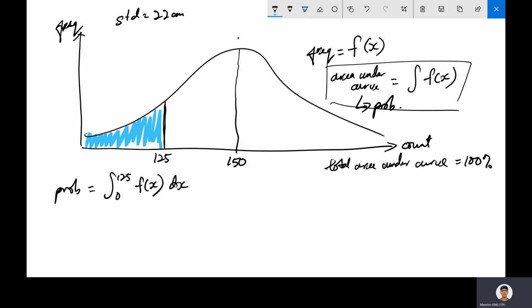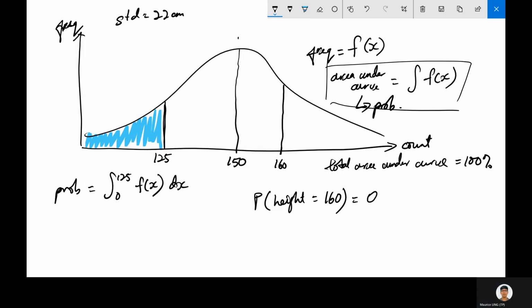Okay. Now, let's say I want to find exactly 160. What is the probability of 160? So, the probability of height equals a very specific number, 160, is actually 0.